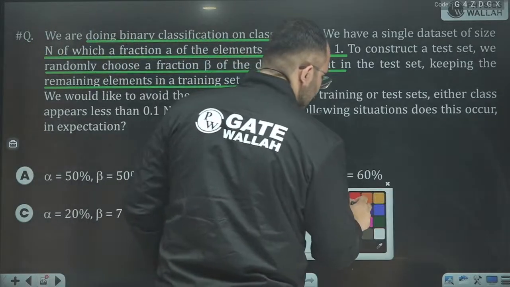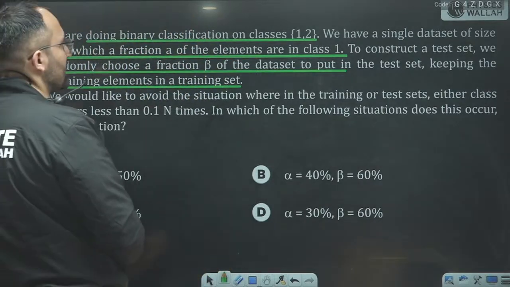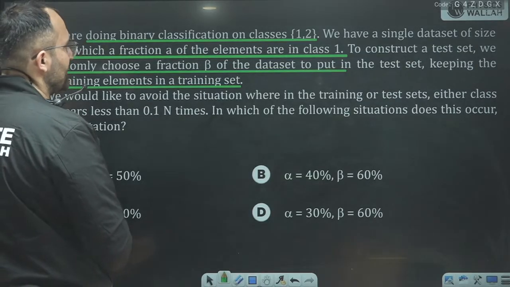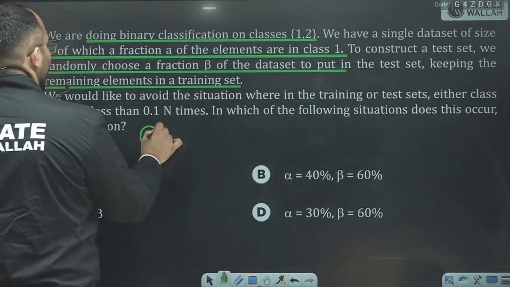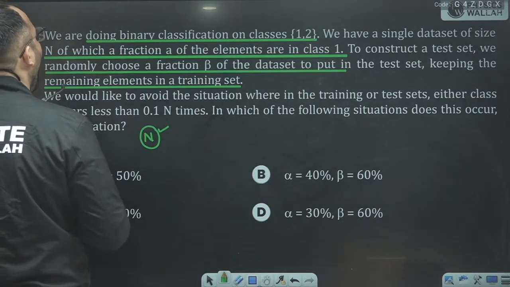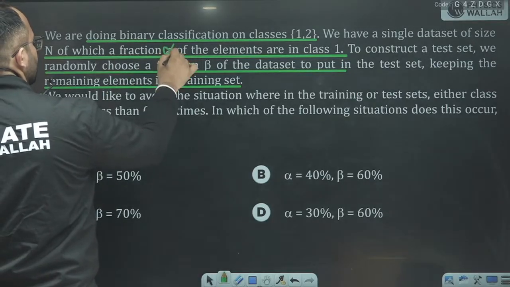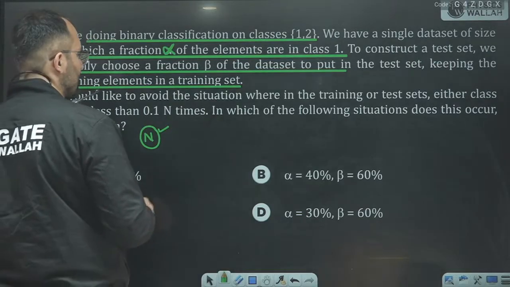Okay, so we have to read it again. So we are doing binary classification on class 1 and 2. We have a single data set of size n, of which a fraction alpha of the elements are in class 1.